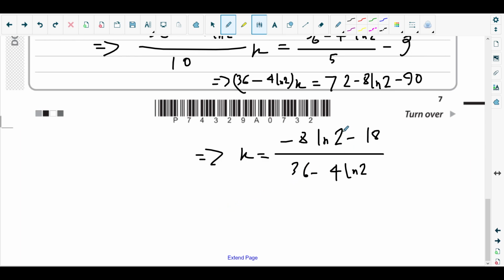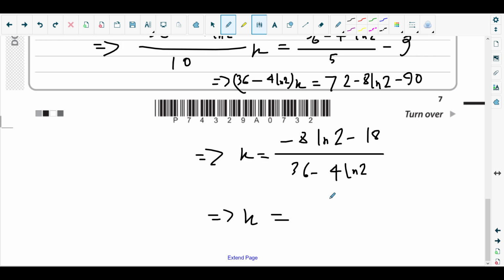So if you keep it as it is, I think you can simplify it more. How can we simplify it? Take negative 1 common from the top. So you will get 8 ln 2 plus 18, and from the denominator multiply this negative in the denominator. So you will get 4 ln 2 minus 36.